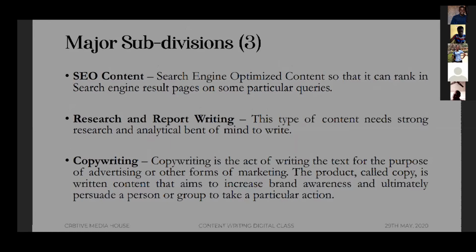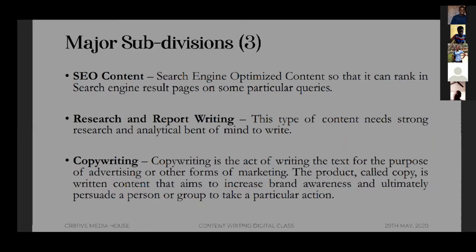Then we have another one which is called copywriting. Until now, I used to think copywriting was maybe talking about movies, censors board and all, but copywriting is actually the act of writing text for the purpose of advertising or other forms of marketing.